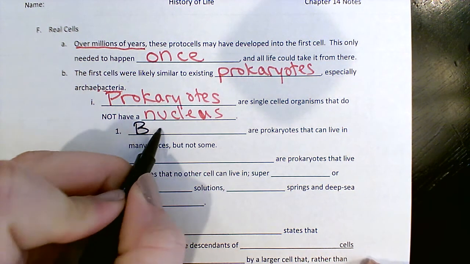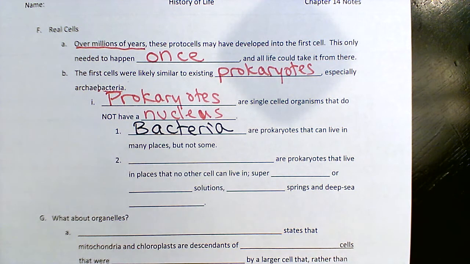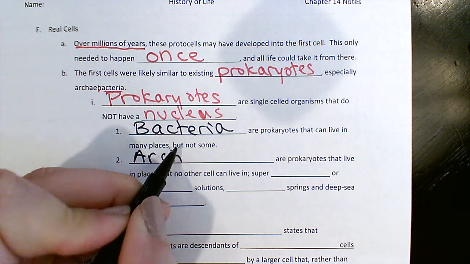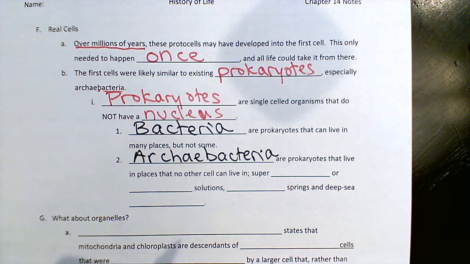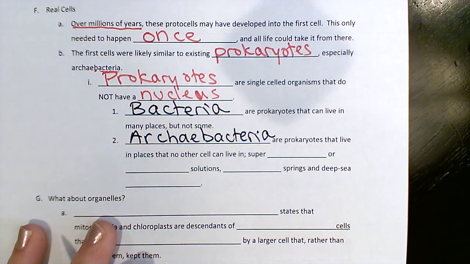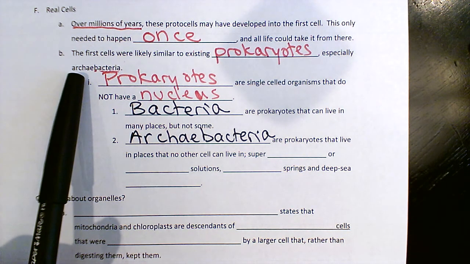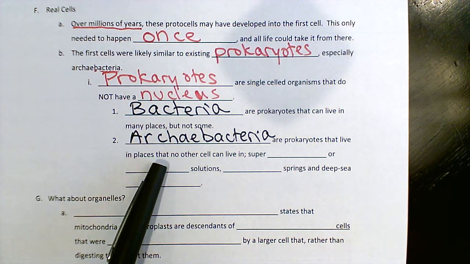We have our two classes here. We have plain bacteria, which are the ones that are pretty much everywhere, and then we have the Archaebacteria, which are the ones they think are more similar to the ancient living bacteria, but they can live in crazy places.